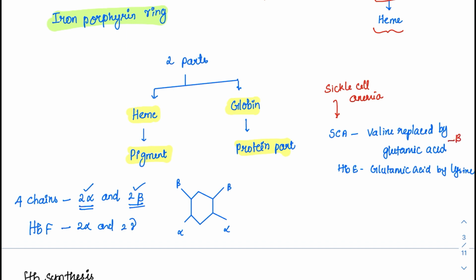There is another form of hemoglobin which is called HbE. It is also a single point mutation, where glutamic acid in the beta chain is replaced by lysine. So these are the two point mutations creating sickle cell anemia and the HbE variant.